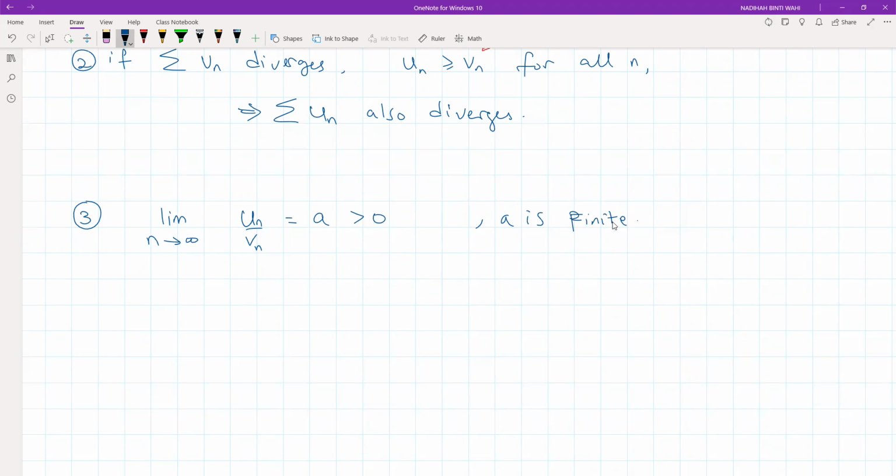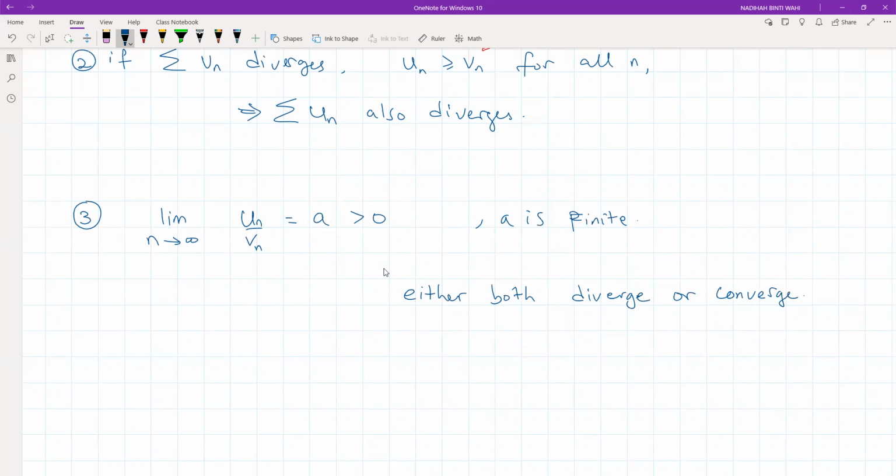Okay, so you can see that either both diverge or converge. You can do that also. So dua-dua boleh converge, dua-dua boleh diverge.